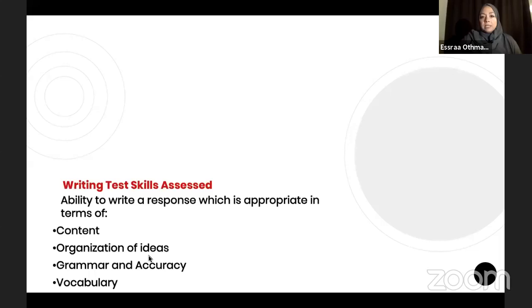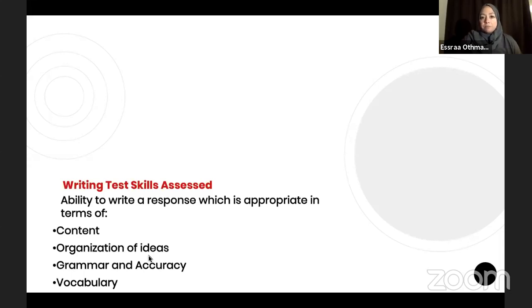Okay, so what are the writing skills that are assessed in the IELTS writing? First of all, content. You have to make sure that you are writing about the same topic that you are asked to write about. Second of all, organization of ideas. Your ideas need to be clearly organized, and there should be a flow between ideas. Grammar and accuracy, and range of vocabulary.